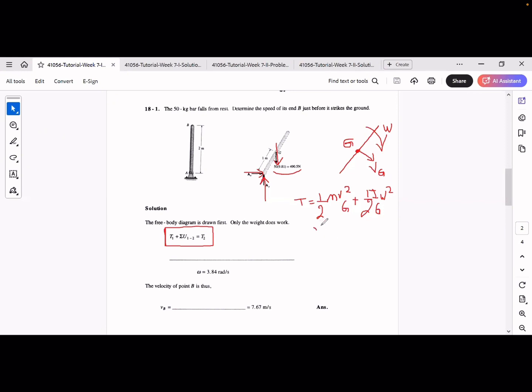In this case, vG is r omega, and IG is 1 over 12 m L squared.